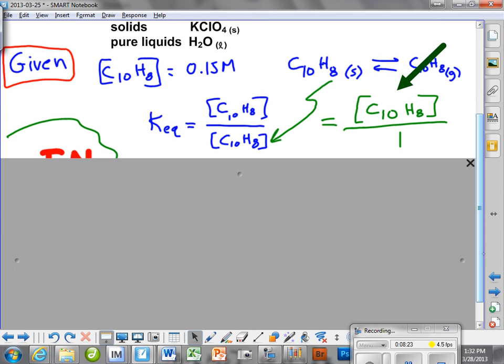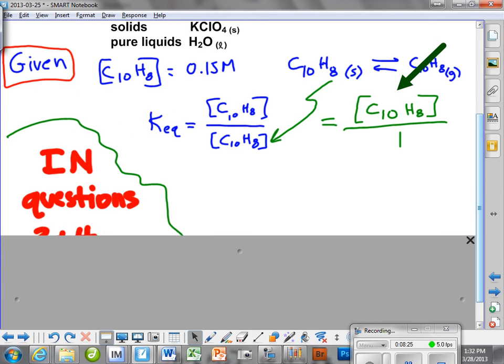Now what we're going to do is substitute in the actual value for the given. The given here was giving us 0.15 molar of this C10H8.